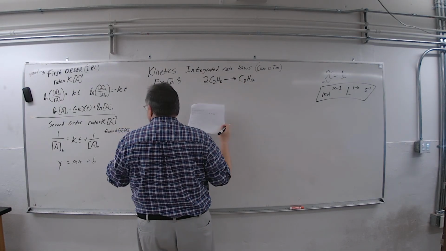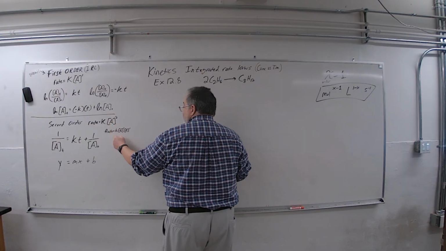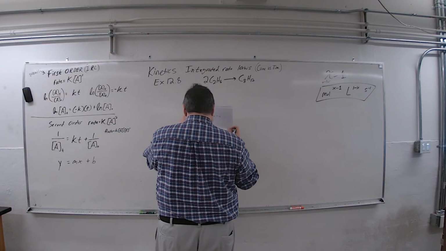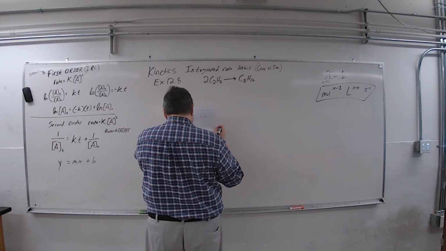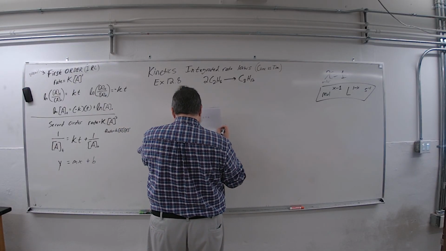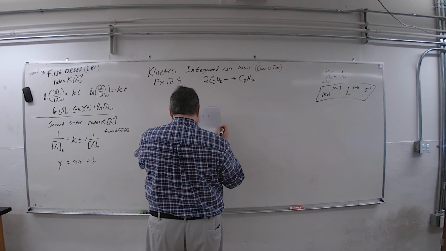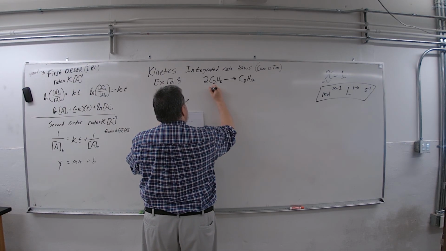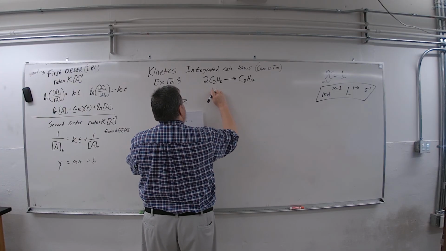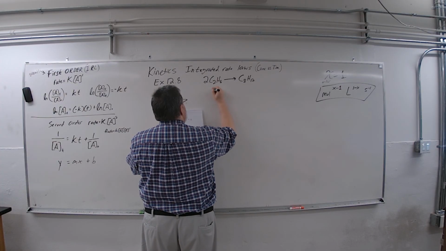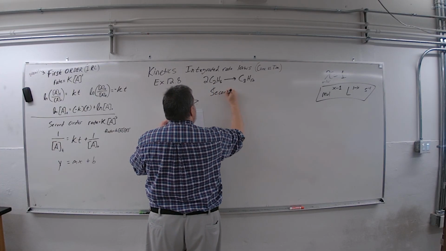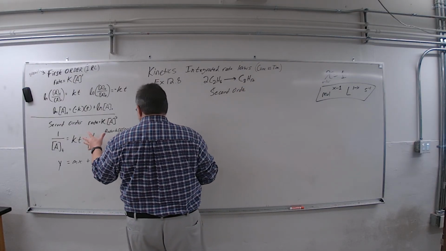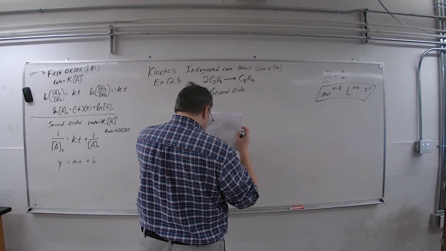Again, there's only one reactant, so it has to be this situation. It can't be this situation. Dimerization, they tell you it's second order. So now you know this equation will apply just from being told that.